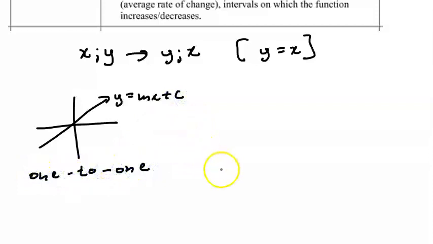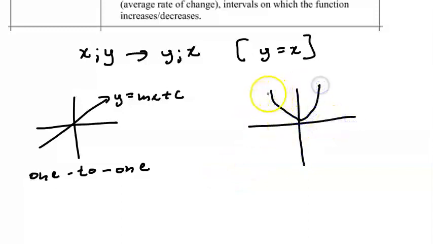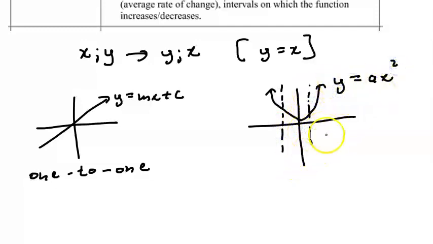Now in today's lesson, let's quickly look at a parabola. If we look at a parabola, and I just mentioned the vertical line test, it will only go through it one time. So this is y equals ax squared. This is referred to as a many-to-one function or many-to-one mapping.